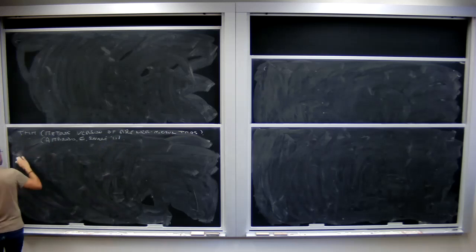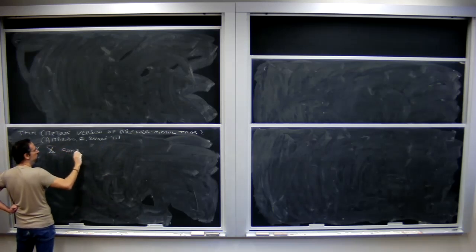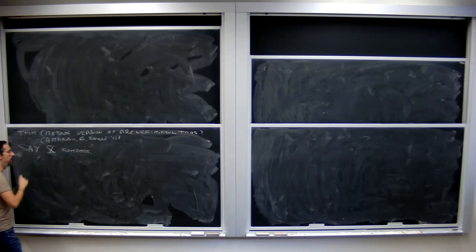And the statement goes as follows. Let me cheat. Let me say X compact. It's a terrible assumption. It's totally unneeded, but it will save my life, or my time at least. So say that X is compact.